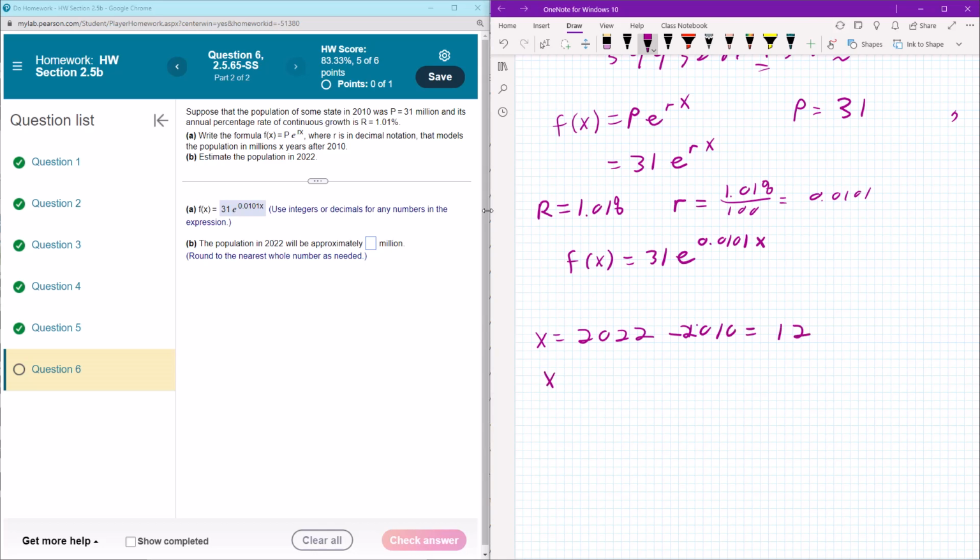So x is equal to 12. So f of 12 is going to be equal to 31 times e to the 0.0101 times 12. And we just need to knock that out in our calculator.